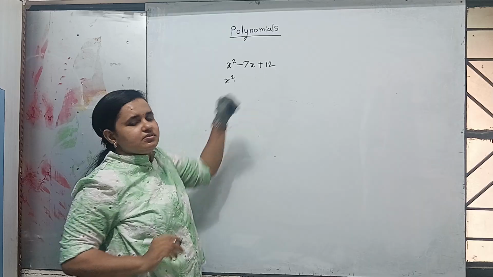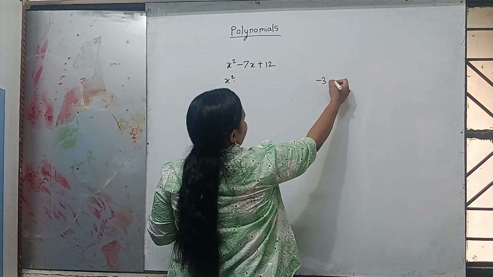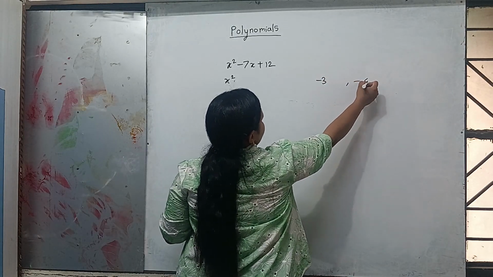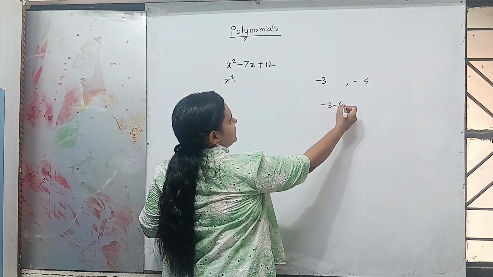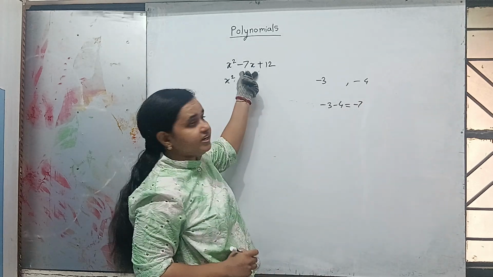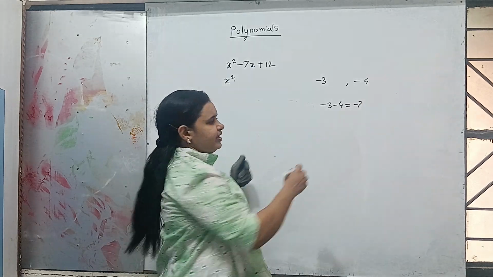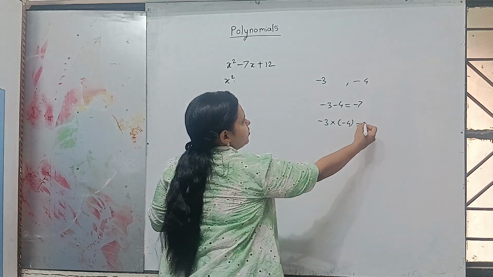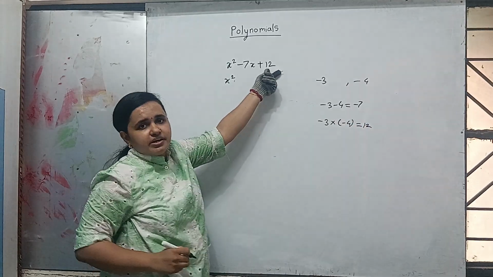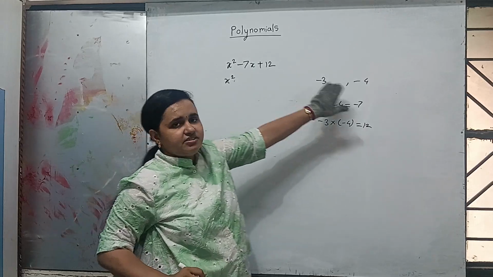What are those terms? Those terms are minus 3 and minus 4. See, the sum of minus 3 and minus 4 is minus 7, the middle term, and the multiplication of minus 3 and minus 4 is 12. That is the constant term.